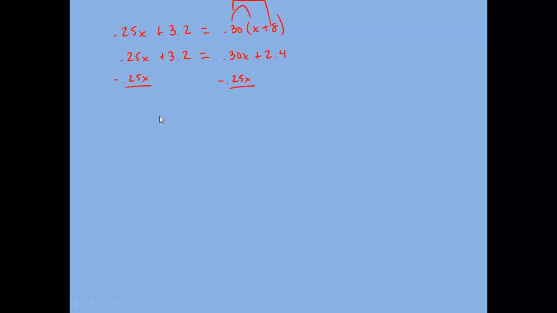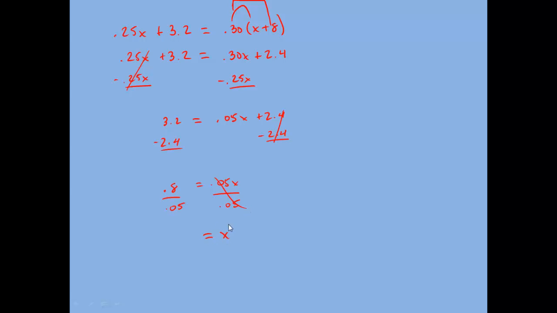Minus 0.25x. So I have 3.2 is equal to 0.05x plus 2.4. And then I'll subtract off 2.4 from both sides. These cancel out. So we have 0.05x is equal to 3.2 minus 2.4, which is 0.8. And then we'll divide both sides by 0.05 to isolate x.